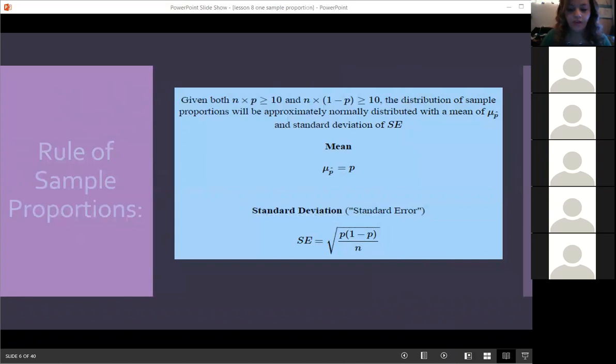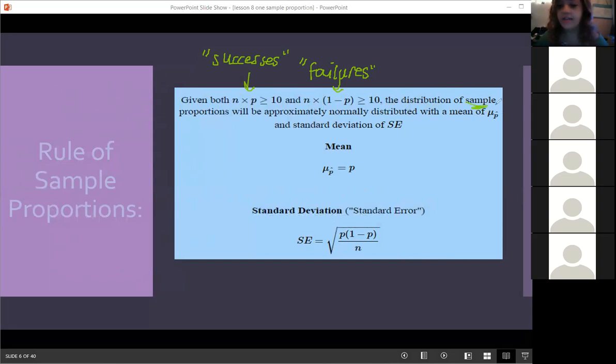Remember, we talked about this last week: this is technically our number of successes, and this is technically our failures. So both have to be at least 10 for us to assume that the distribution of our sample proportions is approximately normal.